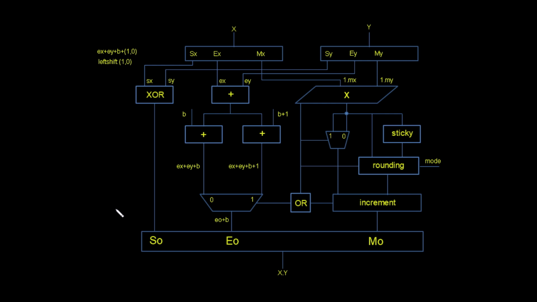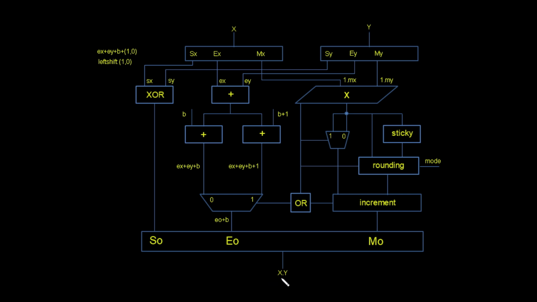So this is the multiplier circuit here. Now I won't get into minute detail on how this works. If you're interested in all of the details, then the best thing to do is to take the floating point multiplier course. So we're going to have two numbers, x and y, and we want to multiply them together.